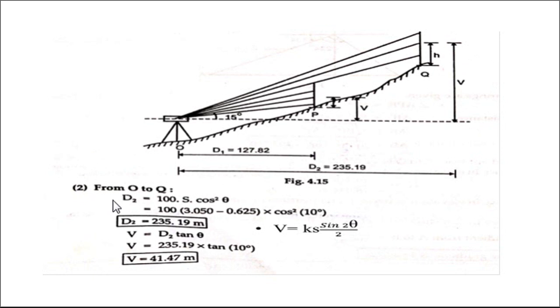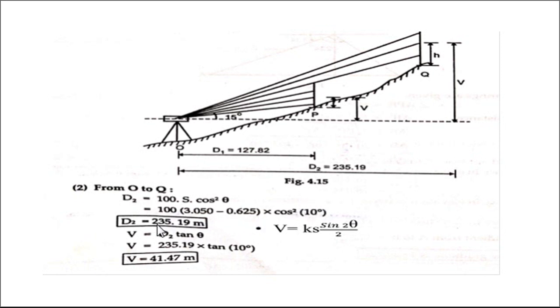Now observation from O to point Q. For that we have to find out this is the distance D2. Okay. So distance D2 is equal to 100 into S into cos square theta is equal to 100 into top reading, bottom reading and minus sign into cos square of 10 degree. Okay.